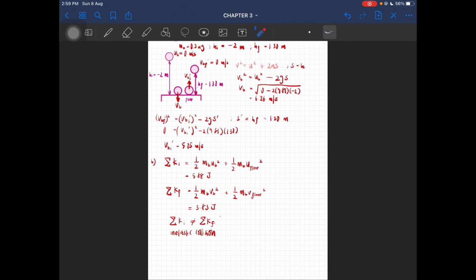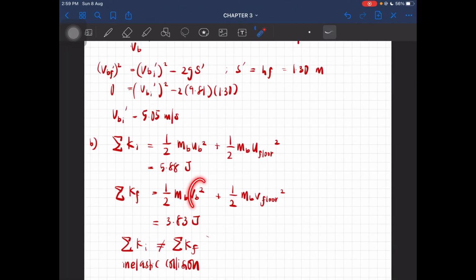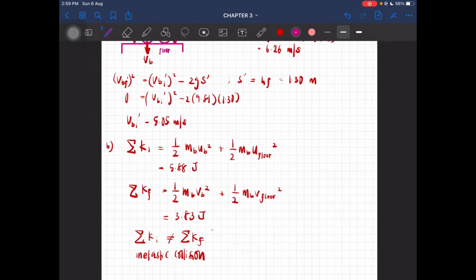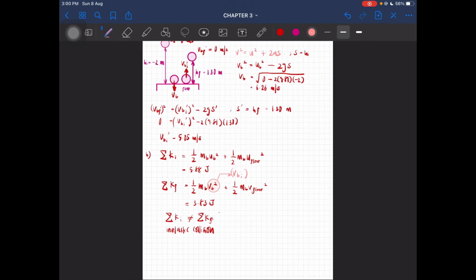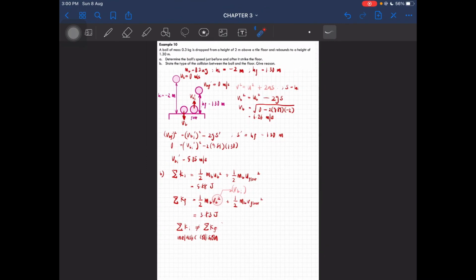The VB here, we use the really final one, which is the VB we found, the VB final, the velocity after the collision. That is example 10, and this is the last example for the whole chapter.